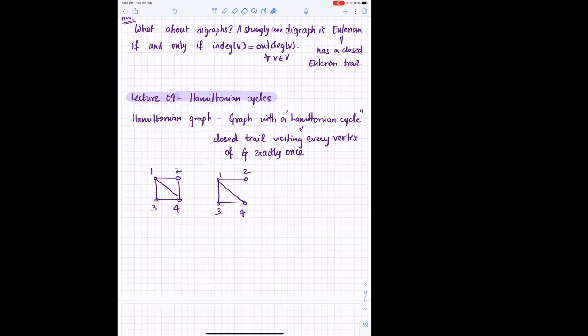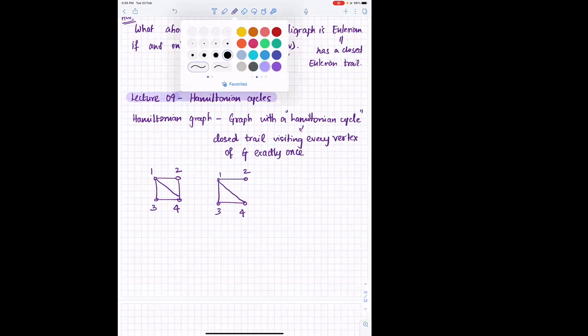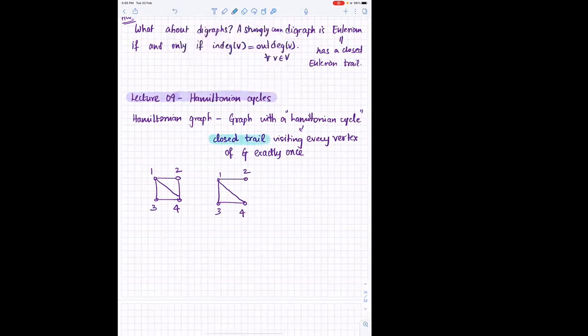Two, 1, 3, 4. Is that a cycle? So, it's a closed trail. So, what do we want? We want a closed trail visiting every vertex in G exactly once. So, what does that mean? You need to walk beginning at a vertex V and visit every vertex in G and come back to it.